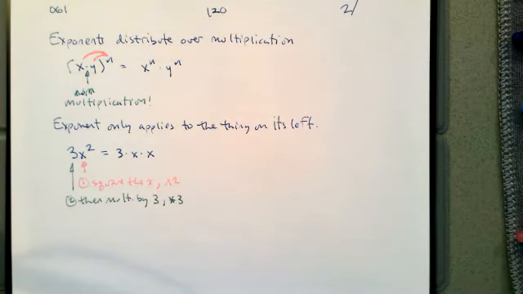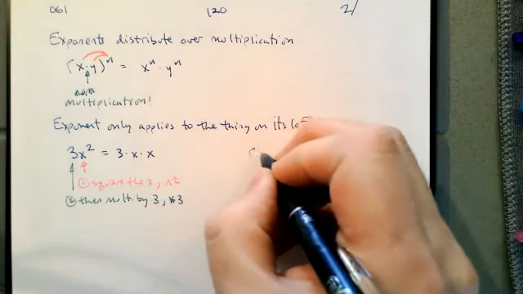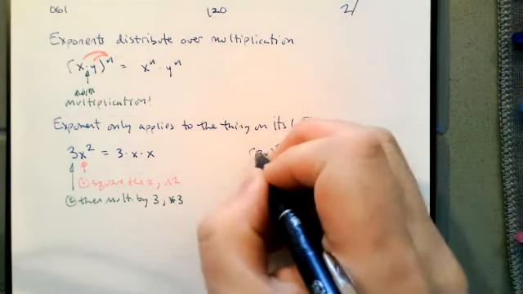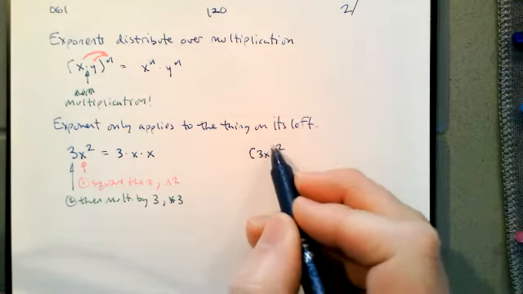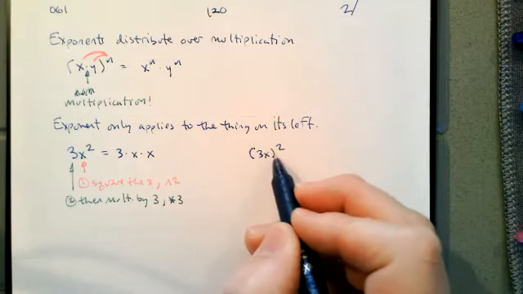If I don't want that to happen, you'll say, oh, no, that's not what I meant. I want you to multiply by the 3 first and then square the result. Then I would have to write (3x) squared. The thing on the left of the 2 is the parentheses, and so now the exponent applies to the parentheses.